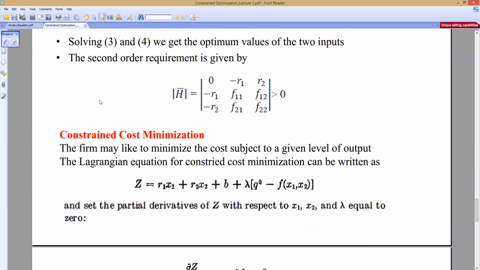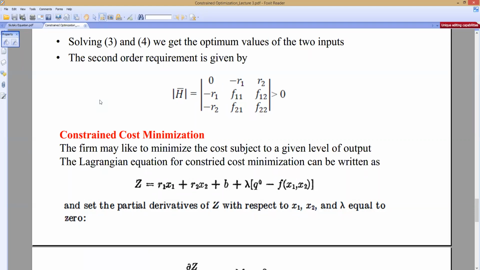Before giving the interpretation for the Lagrange multiplier, I mentioned solving equations 3 and 4. We get the optimum values of two inputs, and to check whether these optimum values are providing the output maximizing solution or not, we have to consider the bordered Hessian determinant.